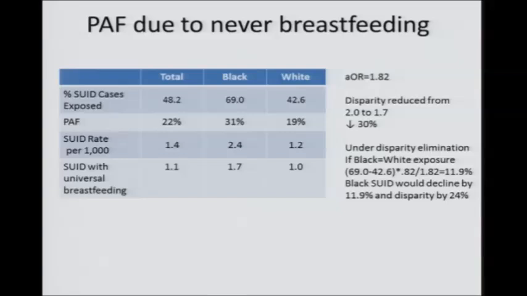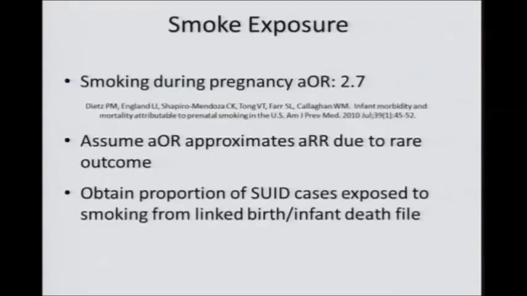And again, that helps to reduce the disparity from 2 to 1.7, a 30% reduction. So under disparity elimination, though, if Black equaled white in the exposure, the Black SUID would decline by 11.9% and the disparity by 24%. So it's just a different way of calculating it.